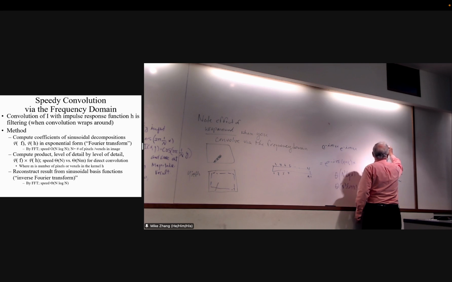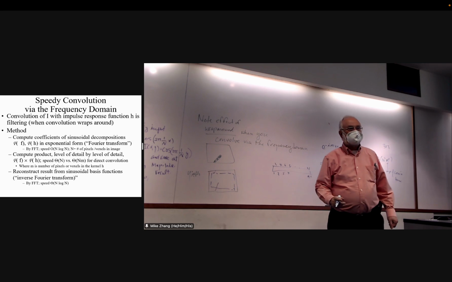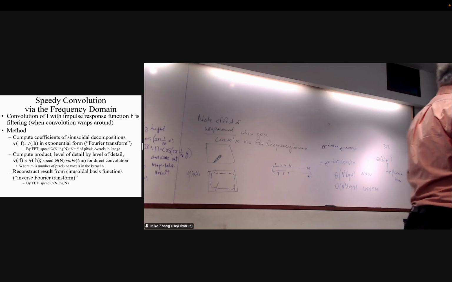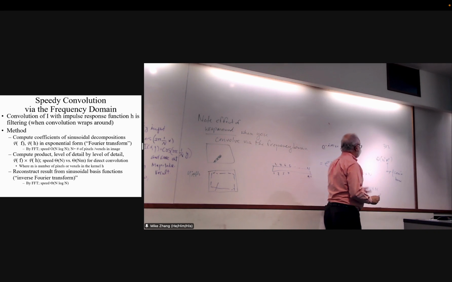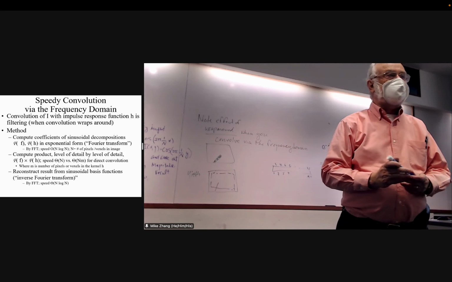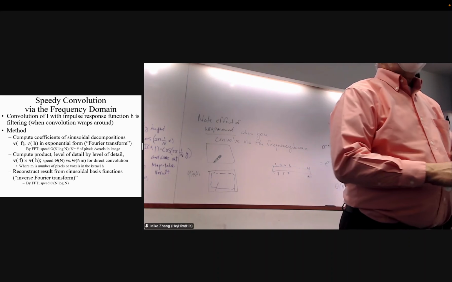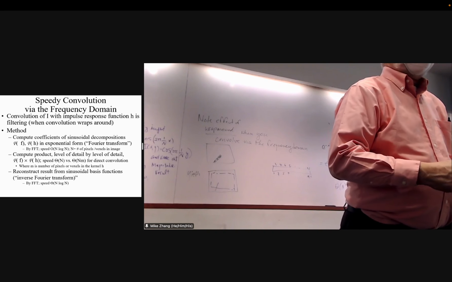For example, we have a little 3 by 3 kernel, m equals 3, or a 5 by 5 kernel. Then m squared may be a whole lot less than log n. And so it doesn't pay to go via the frequency domain. You can actually just do your weighted sums in the space domain, and it's faster.